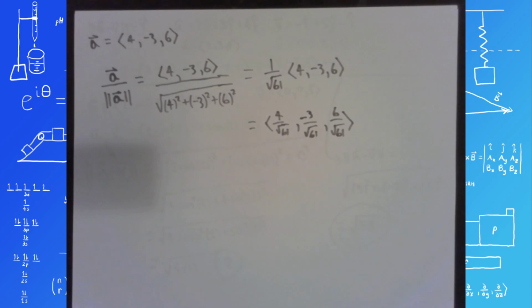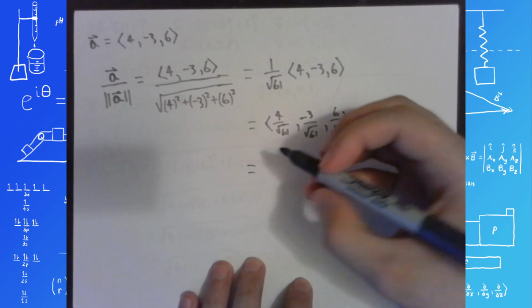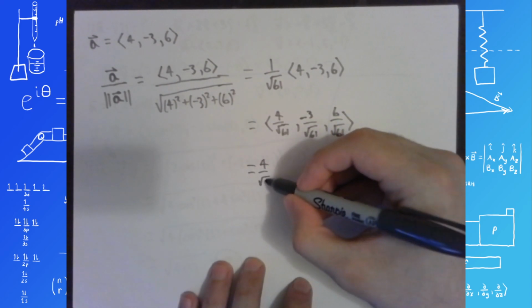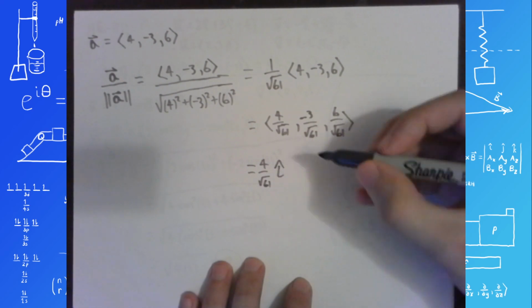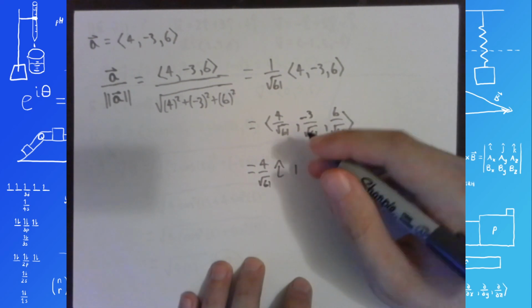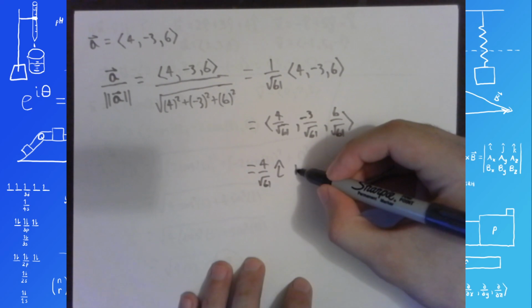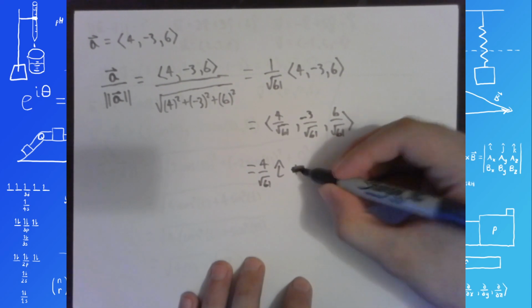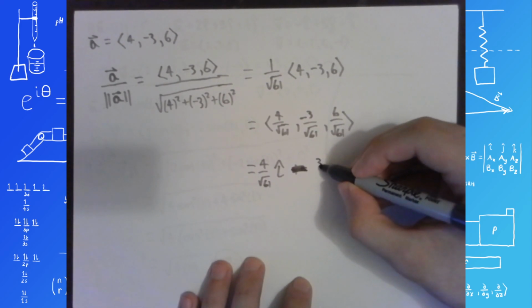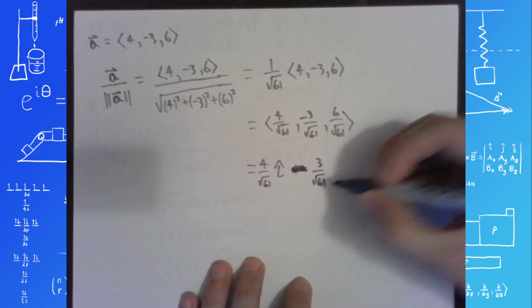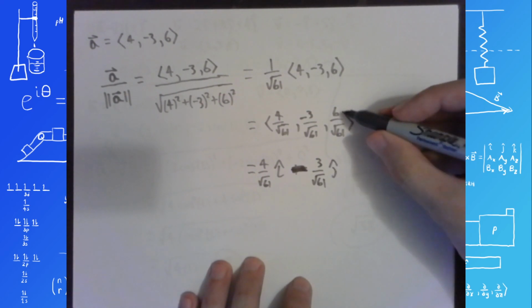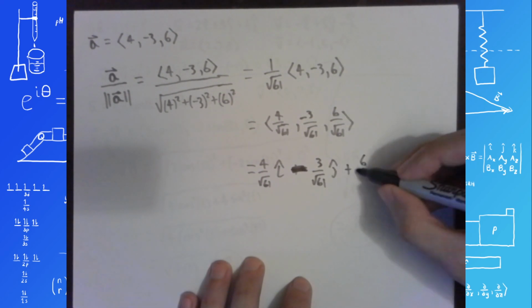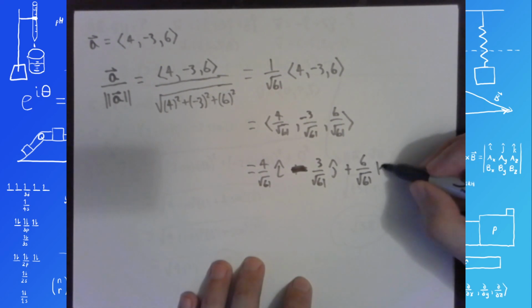And they wanted this in terms of standard unit vectors, so we're going to write it as 4 over root 61 i hat plus, or I guess this would be minus, actually, minus 3 over root 61 j hat, and then plus 6 over root 61 k hat.